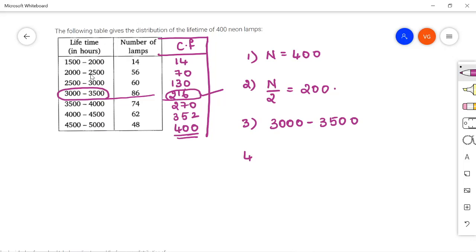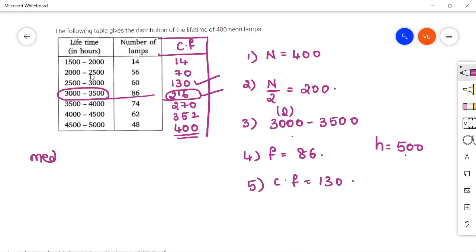Then the corresponding frequency is nothing but F for us 86, and the cumulative frequency just above the median class cumulative frequency, that is here, this is 130. Now substitute everything. So before that, H also 3500 minus 3000, that is 500, and L is the lower limit of the median class. So write it down.